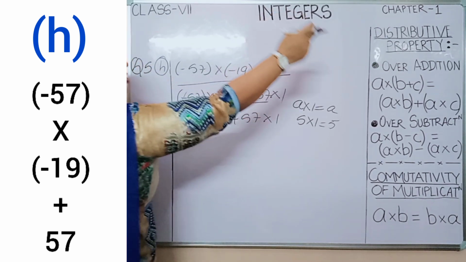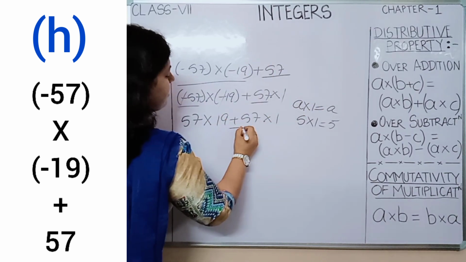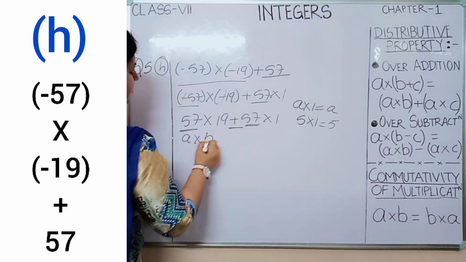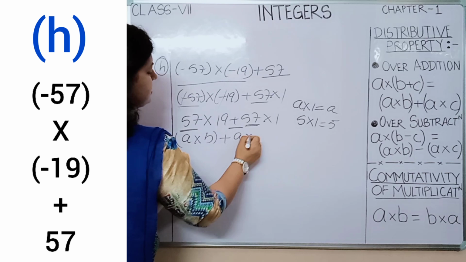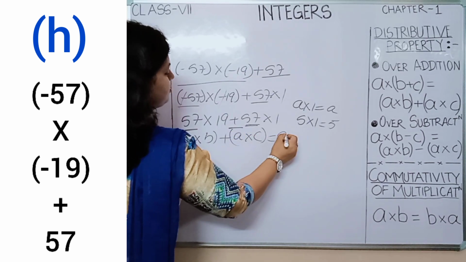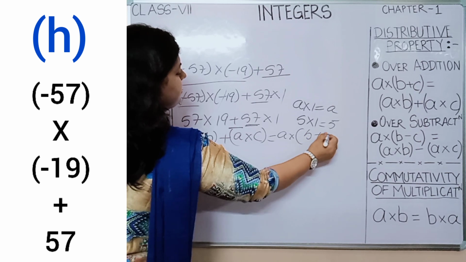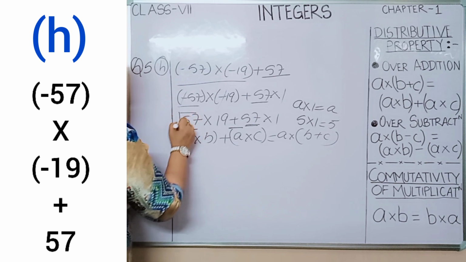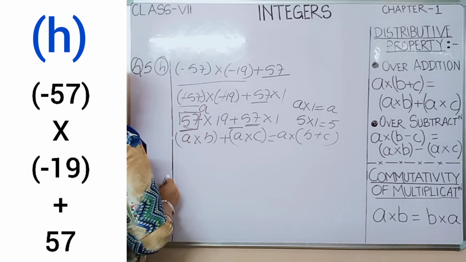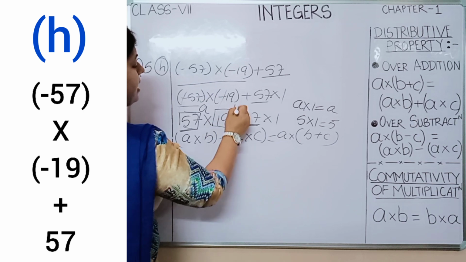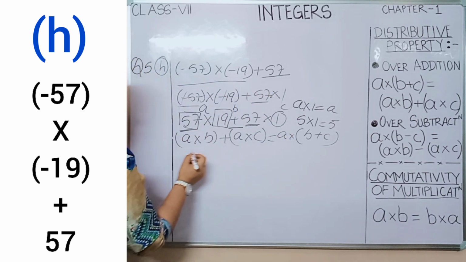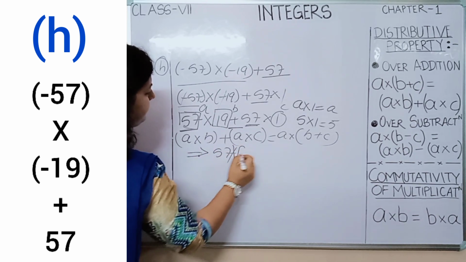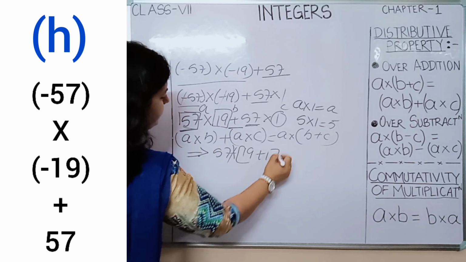Now coming back to distributive property over addition. Why addition? Because we have plus and we have one common A. Here A into B plus A into C, which is A into B plus C. Now we have 57 as A, and B and C. 57 multiplied by 19 plus 1.